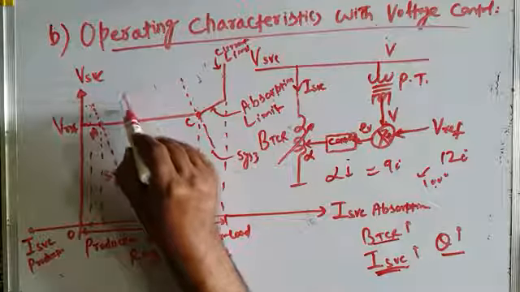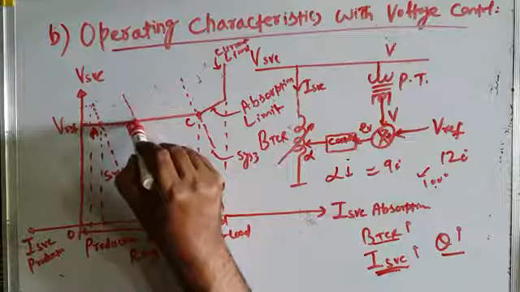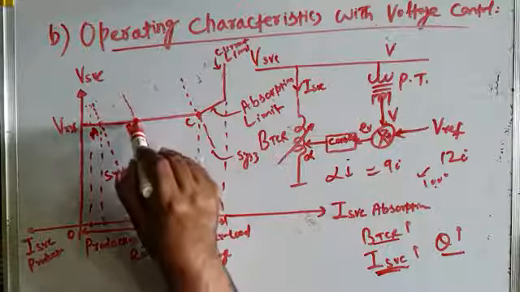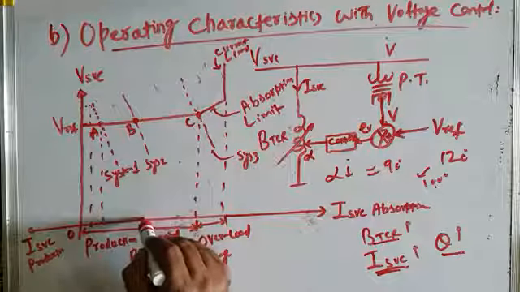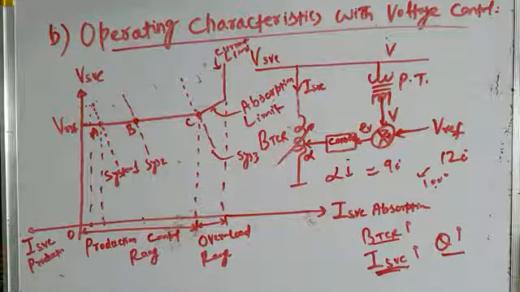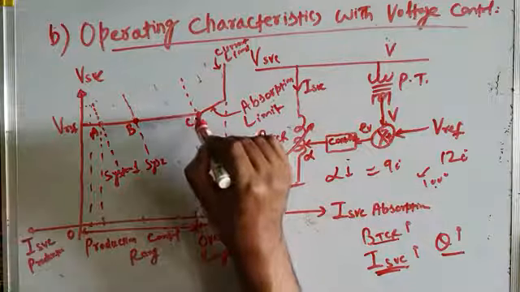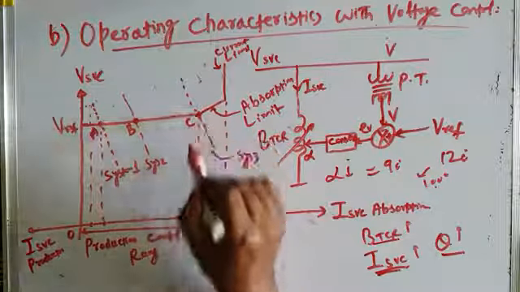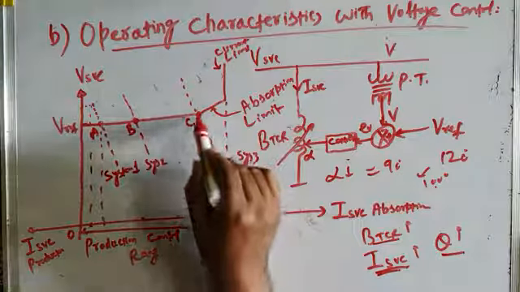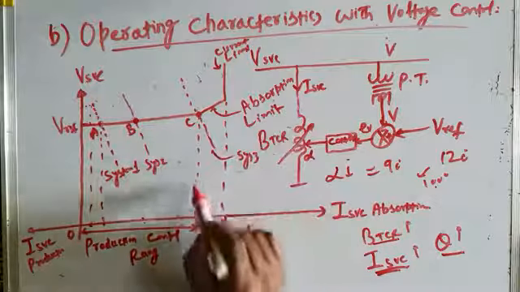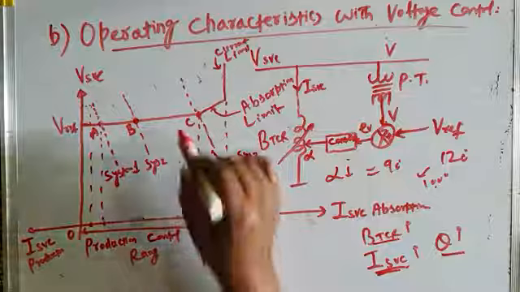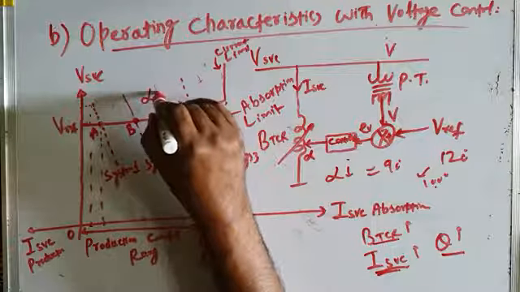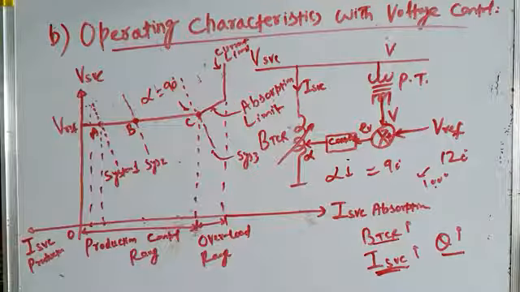You can see ISVC increases, and at operating point B, V is equal to Vref, and the current is this, and it is greater than this current. So it absorbs more reactive power, and this will continue till you reach operating point C. At operating point C, the current drawn by TCR is maximum. This point corresponds to alpha equal to 90 degrees.